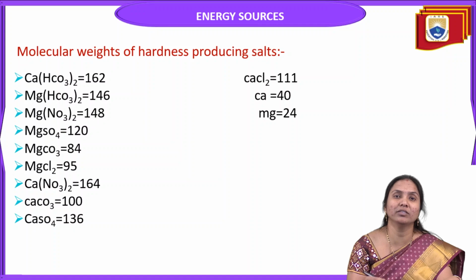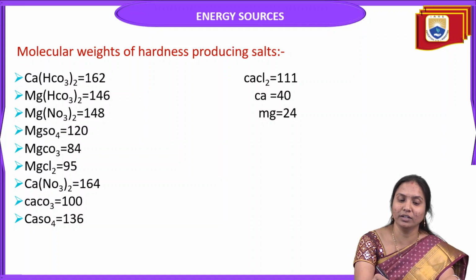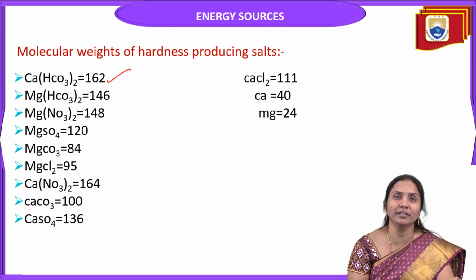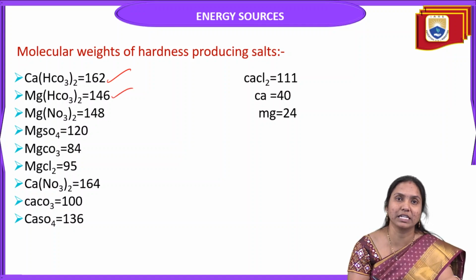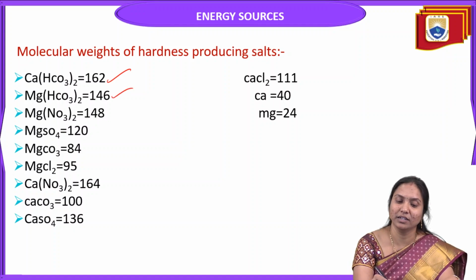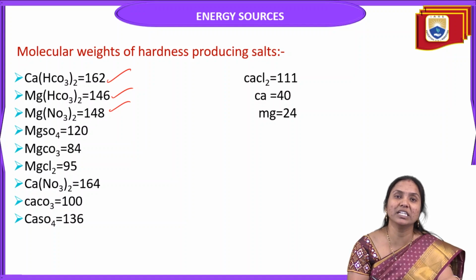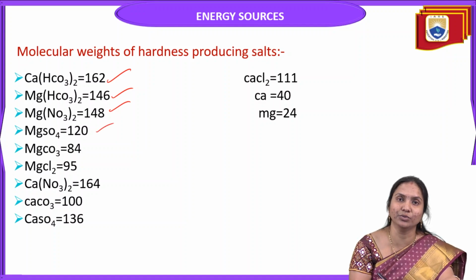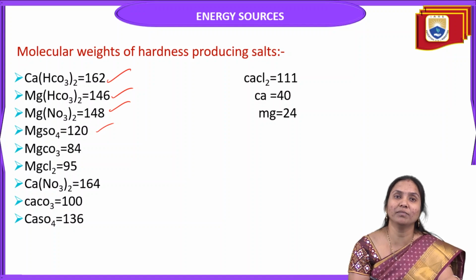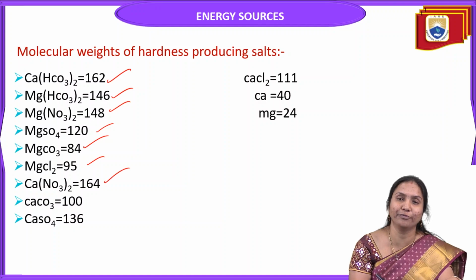Calcium bicarbonate molecular weight is 162, magnesium bicarbonate is 146, magnesium nitrate 148, magnesium sulfate 120, magnesium carbonate 84, magnesium chloride 95, calcium nitrate 164, and calcium carbonate is 100.